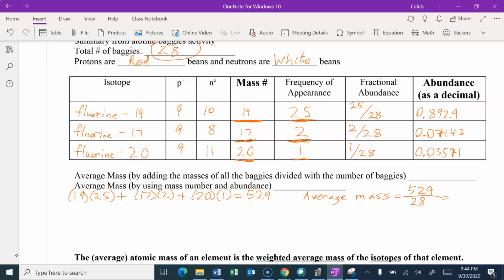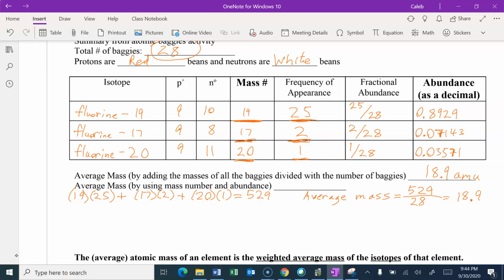You add up all the things you have, and then you divide by the number of sets. We're dividing by the number of bags, and we end up with 18.9 if you put that in a calculator. And our units are AMU. But I've got 18.9. That's one way of doing it.